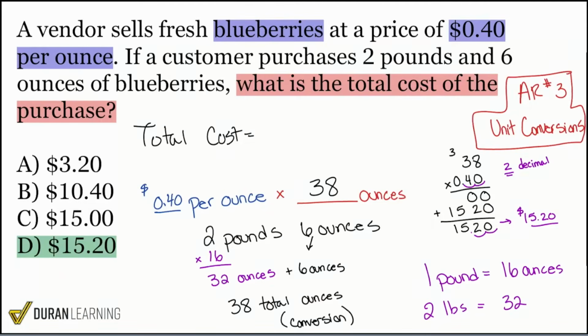Right? It'd be pretty straightforward if they just gave you the number of ounces. So we need to be prepared for when they almost give us everything we need. And part of that is knowing how to convert between your common units.